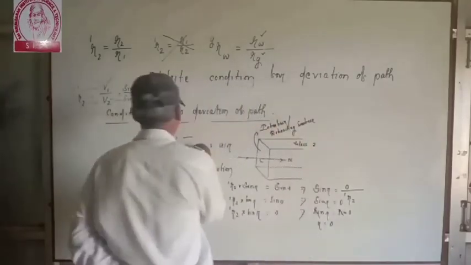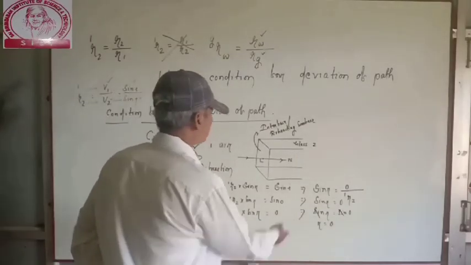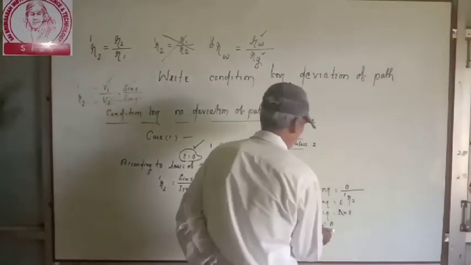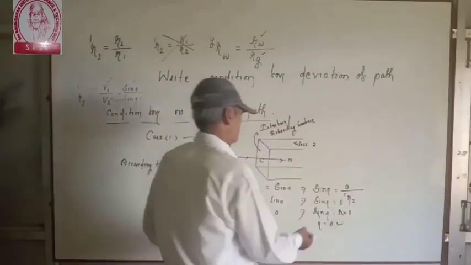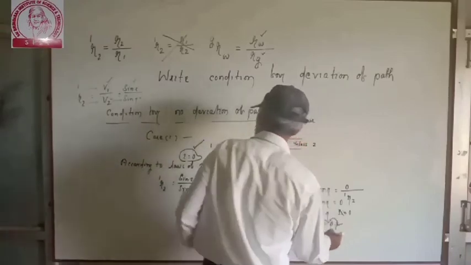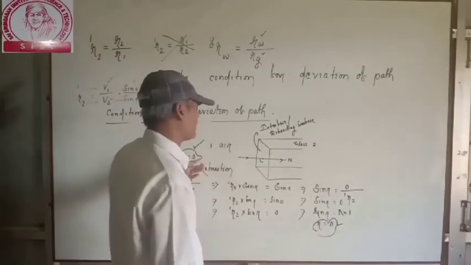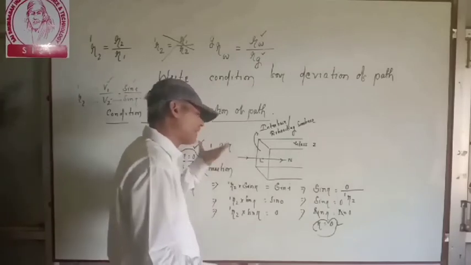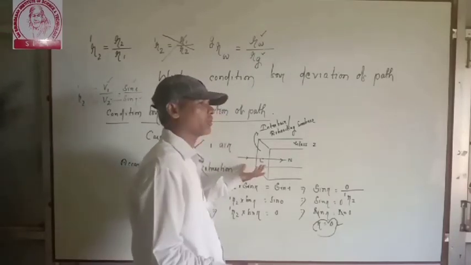We have taken I is equal to 0, that means incident angle is 0, and finally we got the refracted angle is also 0. So when incident angle is 0, the refracted angle is 0. At what condition is the incident angle 0?